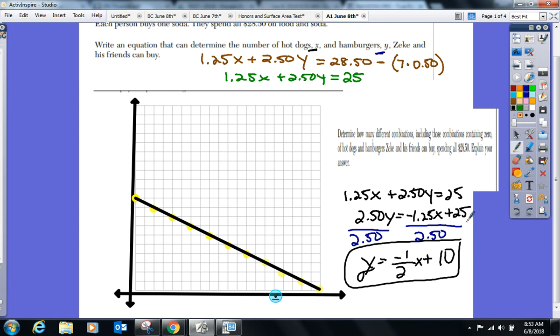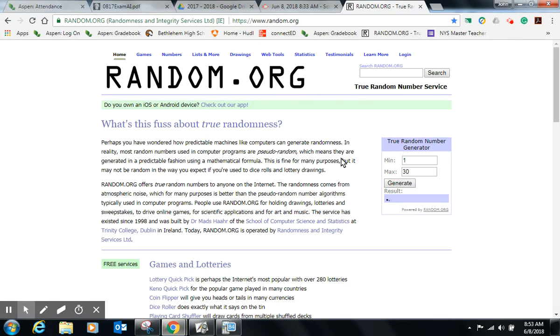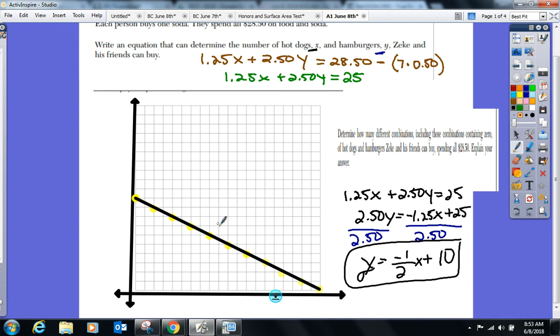Everyone's all good? And then finally, there's a question I stuck over on the side here. Determine how many different combinations you could do of hot dogs and hamburgers, including 0. So his friends spend all $28.50. How many different combinations could I do here? How are you figuring out how many different combinations you could do? Jack, how can I use this graph to figure out how many combinations?